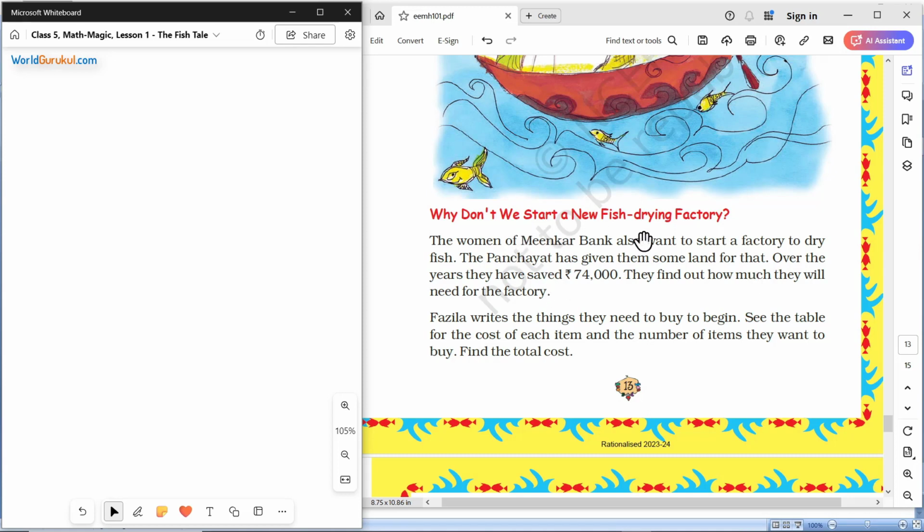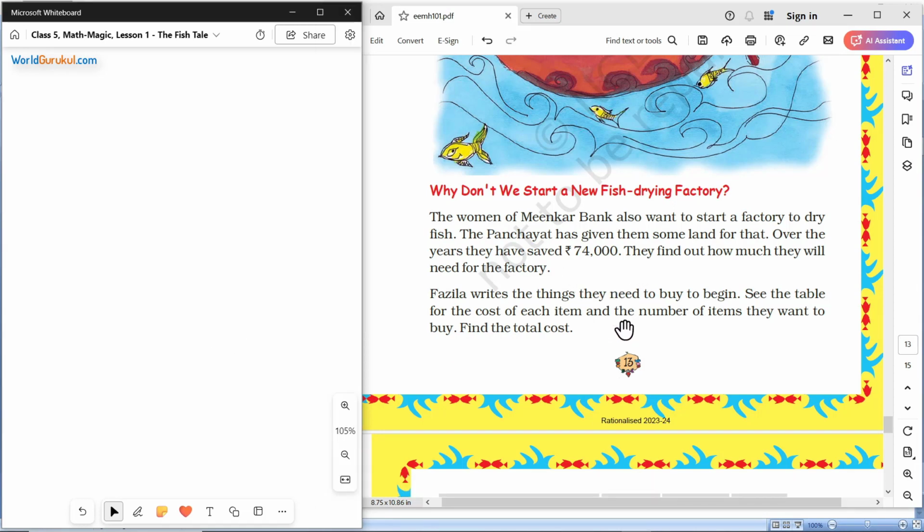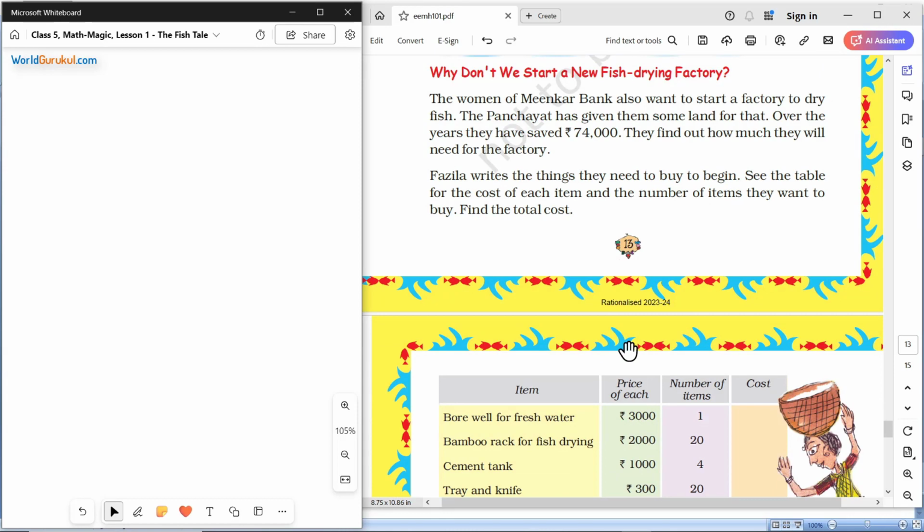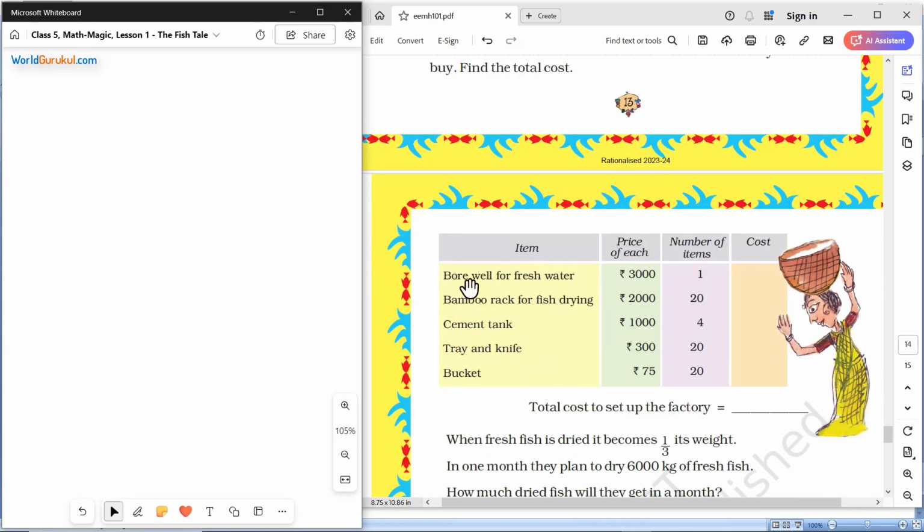In that bank, they have saved 74,000. Okay, for many years they saved 74,000 in the bank. So for a factory, they need a lot of money. And let us see what all the things they need to set up a factory. So they need a borewell, one borewell that costs 3,000 rupees, and bamboo racks for fish drying.